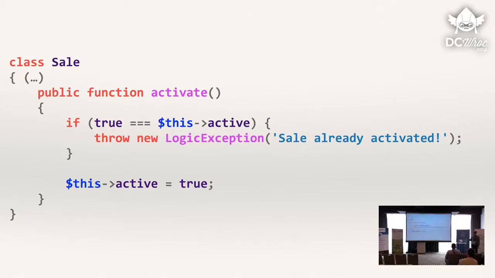And if it's not, then activate it. So instead of having setters, set active doesn't mean anything for the user, but sale activate actually tells you something. It tells you the story, right? It tells you what the software does and why we want to do this. So that's entities. So entities have behavior. They're not anemic.